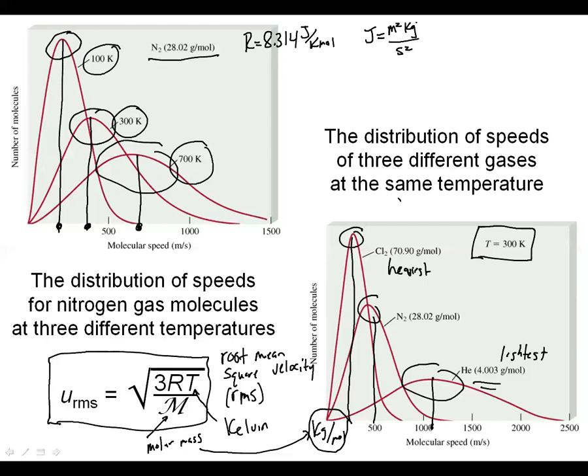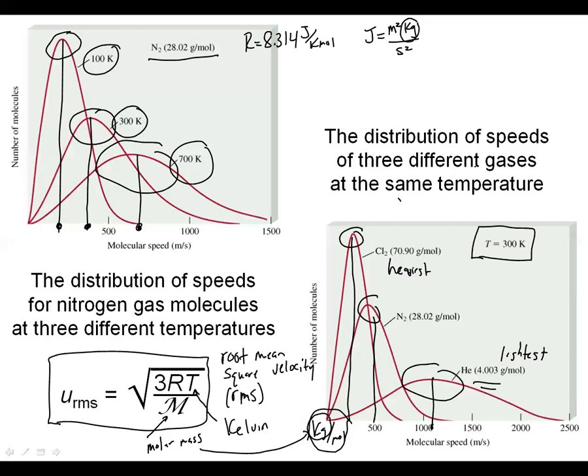And because the joule includes a kilogram, we need the molar mass to also be in kilograms so everything cancels out correctly. So a couple important things about this formula here. We want to make sure that we use the correct R value, which is the 8.314. And we also want to make sure that the molar mass is in kilograms per mole rather than grams per mole.